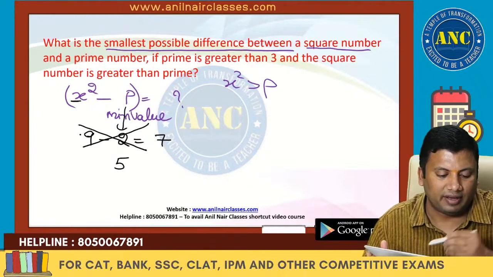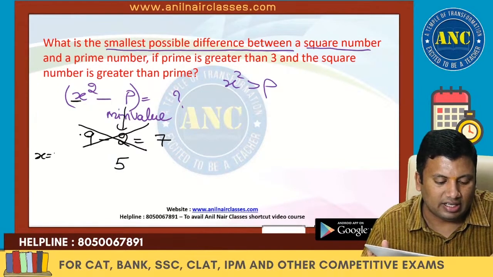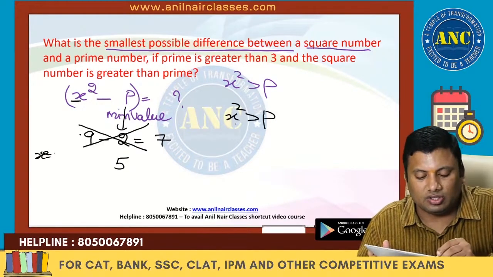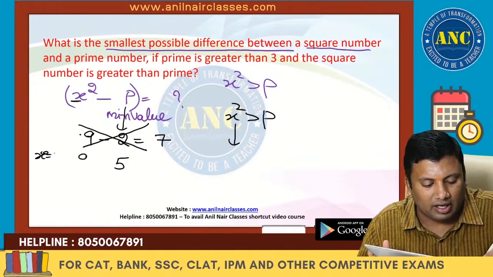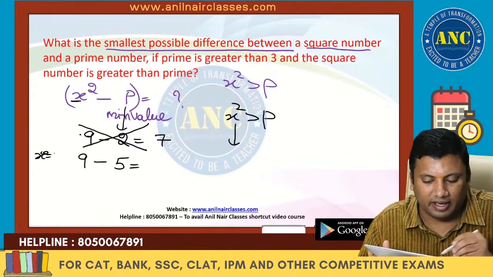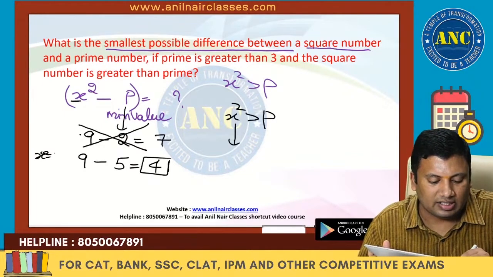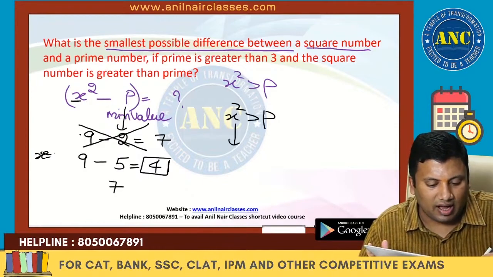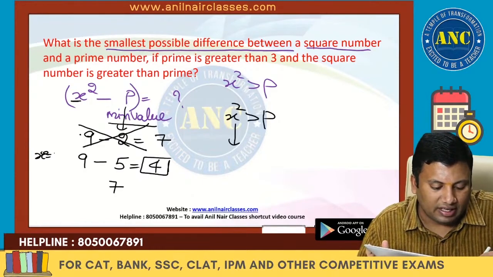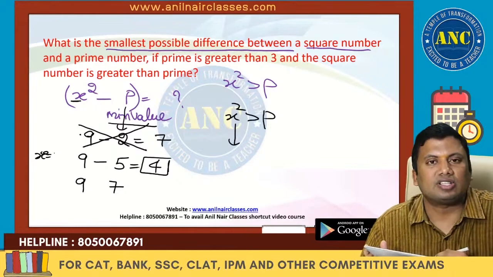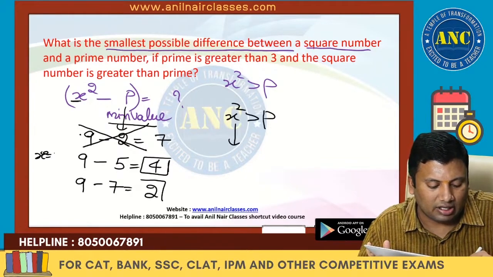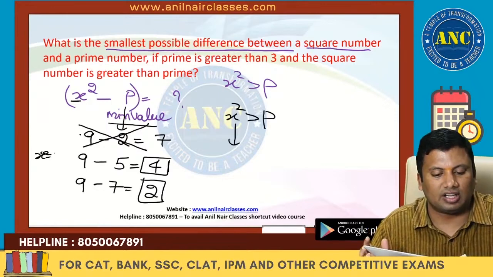If it is 5, what is the square value just greater than p? 9. 9 minus 5 is nothing but 4. This value should be minimum. If p is 7, the square just greater than 7 is 9, and 9 minus 7 is nothing but 2.